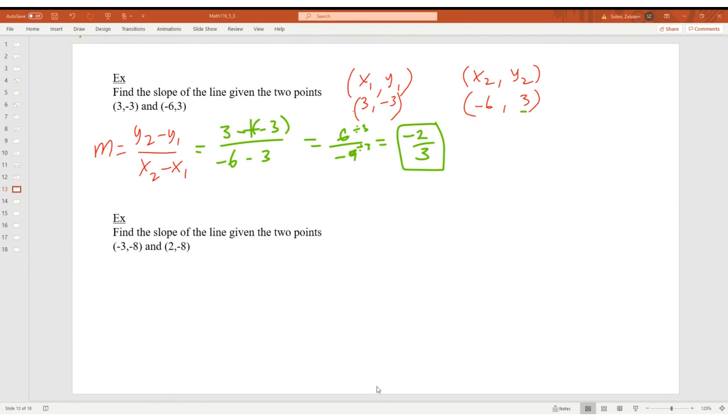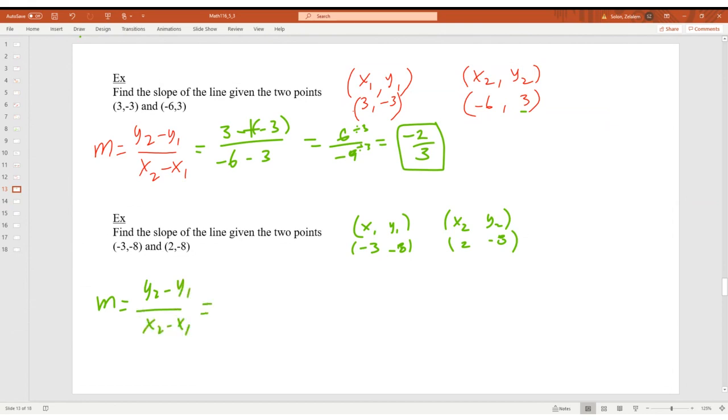Okay, guys, x1 is -3, y1 is -8, x2 equals 2, y2 equals -8. So m is change in y, which is y2 minus y1 over x2 minus x1.